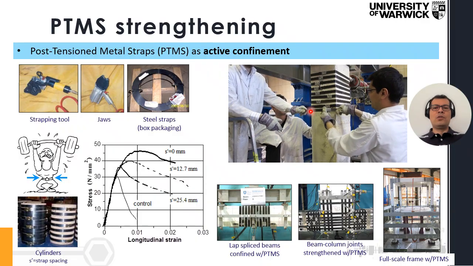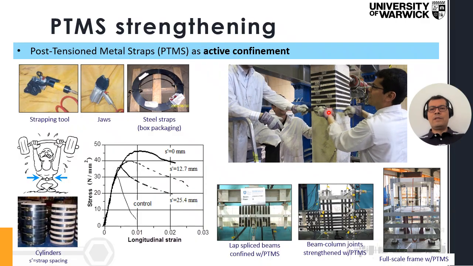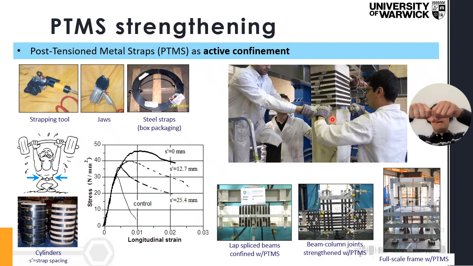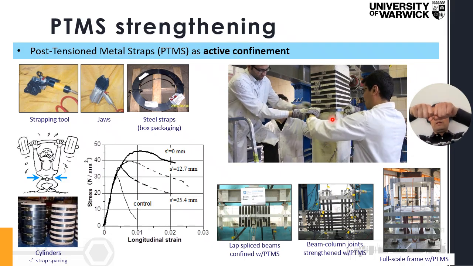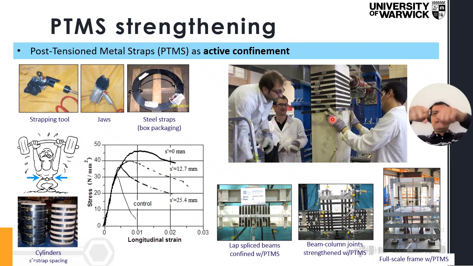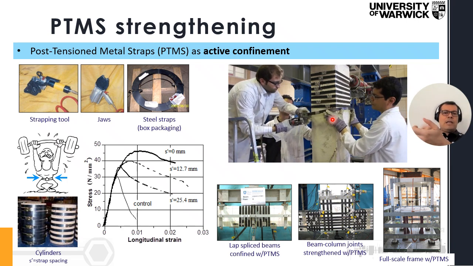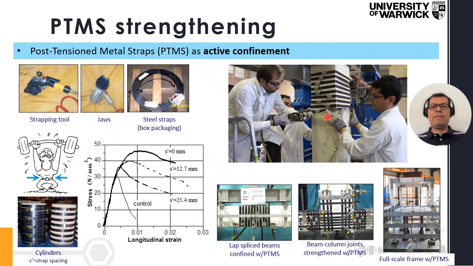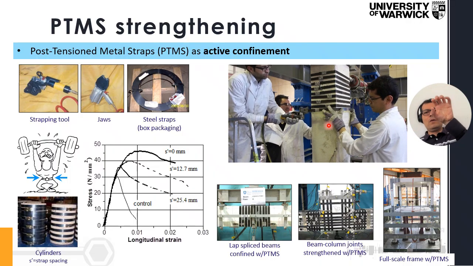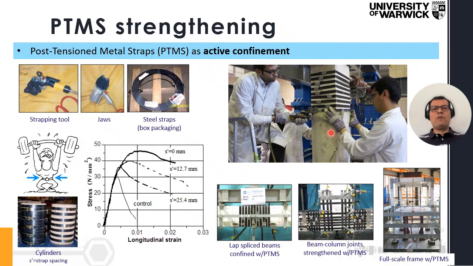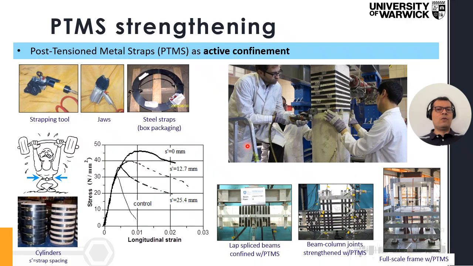And that's basically what's shown in this video. If you see, the method is relatively simple. We take the metal straps, we put them around the concrete like a sort of belt, and then we have the metal clips, because we apply tensioning force on the metal straps. With the clips, we secure that force in such a way that we confine actively that concrete.